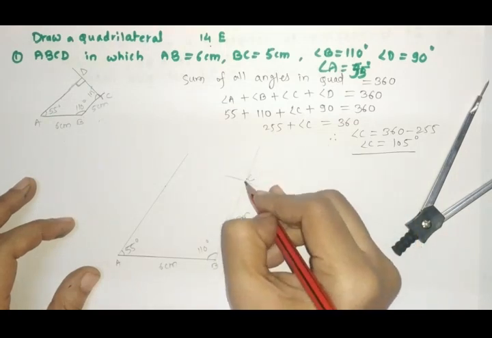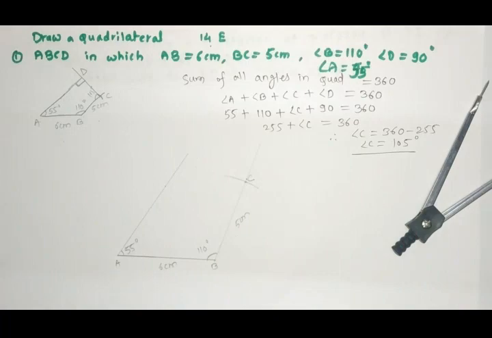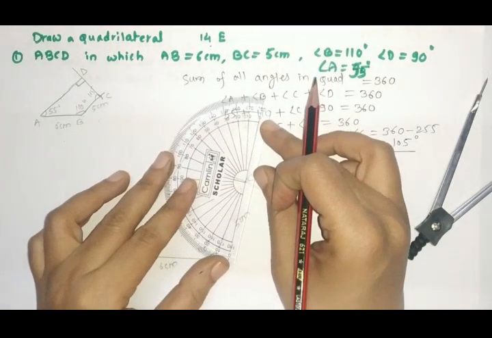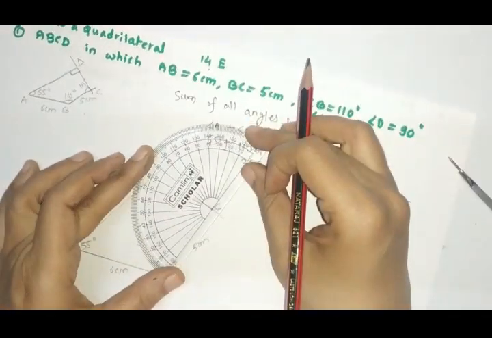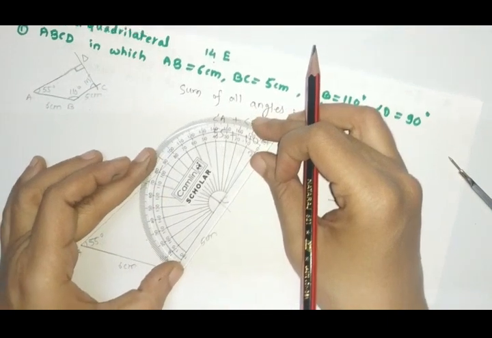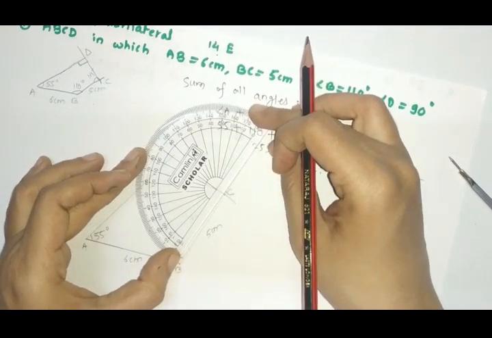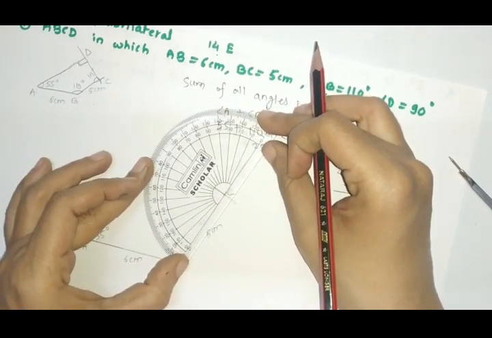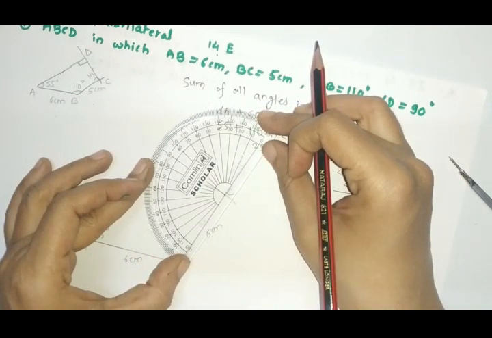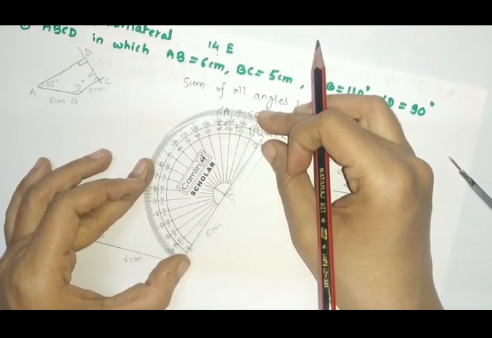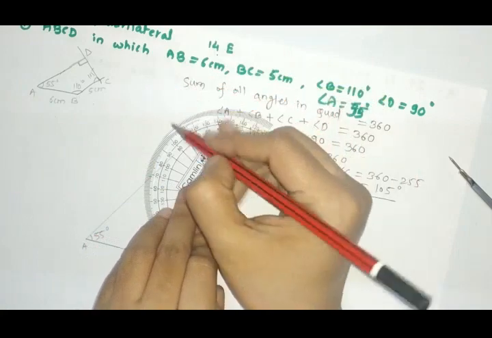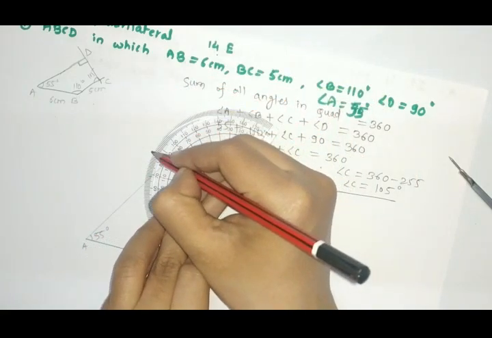Now at C I want to draw 105. So we'll take this protractor and measure 105. So just keep and match this line. 105 is an obtuse angle, it is going to come here.